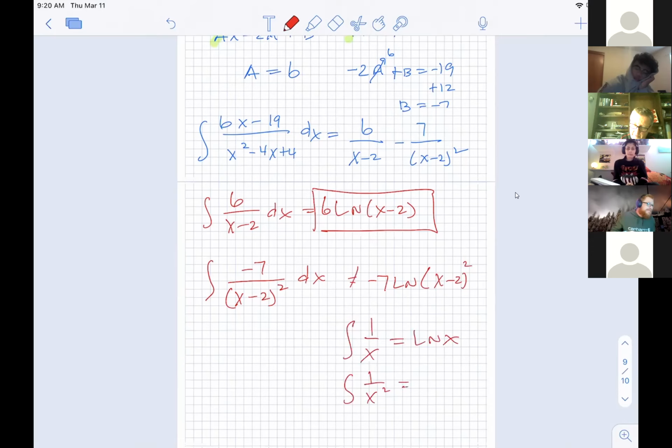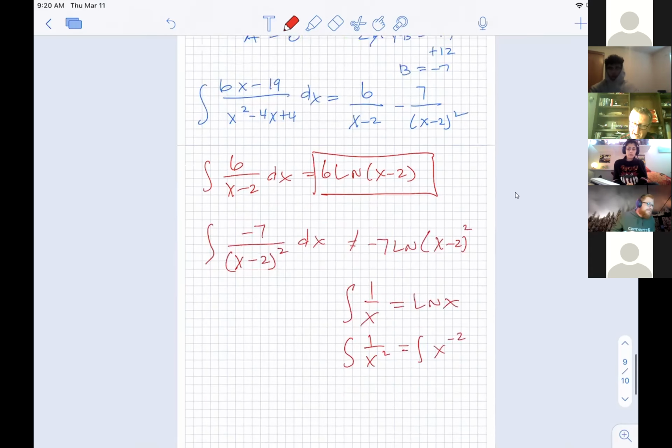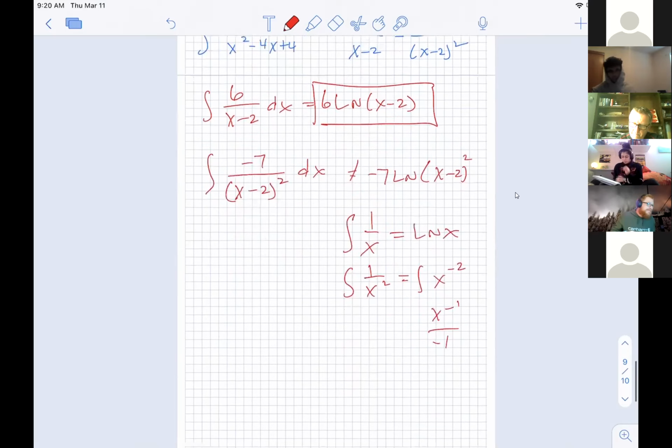No, it's the integral of x to the -2, and you can just do power rule. Add 1 to that. So it becomes x to the -1 and then divide by -1. So I guess that would be -1 divided by x if I wanted to move that to the bottom so it didn't look so weird. So it's actually -1 over x. So you don't need natural log for this because it's squared.